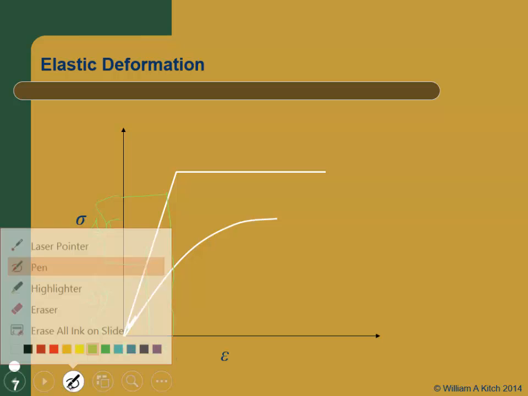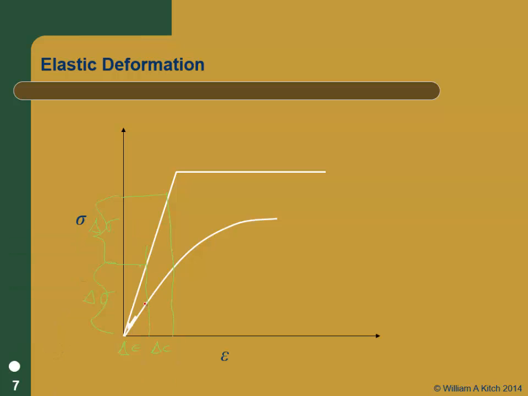However, if I go to the nonlinear one, notice that in this case, delta sigma 1 is going to be less than delta sigma 2, right? Same amount, same increment. What it's saying is I can't swap these two changes in strain and still come up with the same stress.